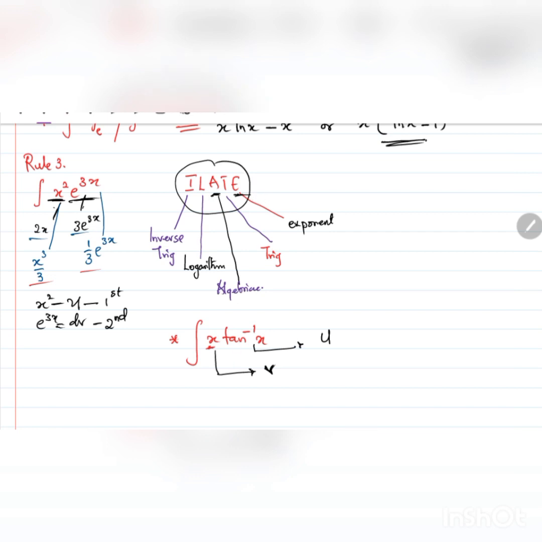We have two functions: the inverse trigonometric function and the algebraic function. In ILATE, inverse trig comes before algebraic, so the inverse trig will be your first function, u, and the algebraic function will be your second function. Those are the rules that guide us to figure out our first and second function.